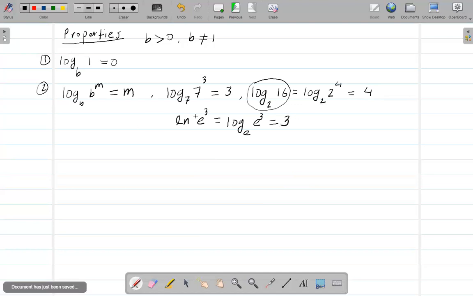Now what about log of 10? We don't have anything on the base in this case. If there is nothing on the base, it is always 10, and we don't have to write it. So this 10 and this 10 are the same, so on the power there is always 1. That's why the value of this is 1.